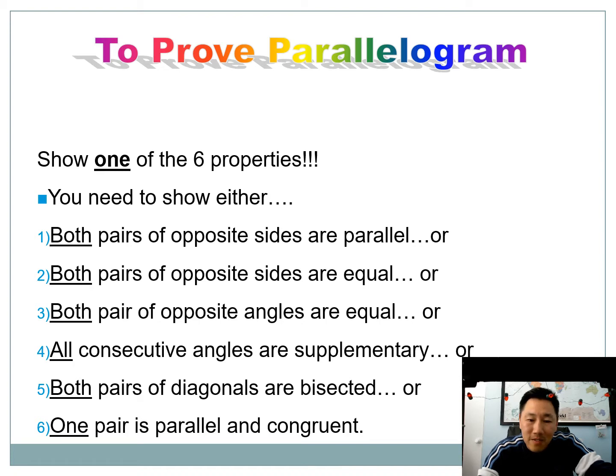Both pairs of opposite sides are parallel, or both pairs of opposite sides are equal, or both pairs of opposite angles are equal, or all consecutive angles are supplementary, or both pairs of diagonals are bisected, or one pair is parallel and congruent. You've seen this slide before. It was in, I think, the second section of your notes in this chapter.